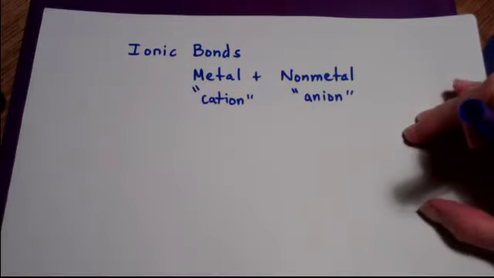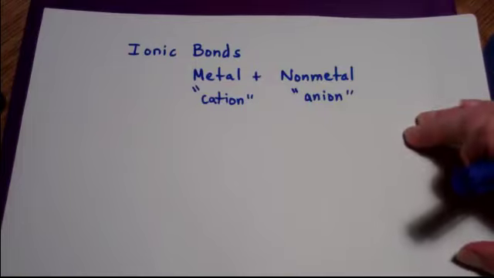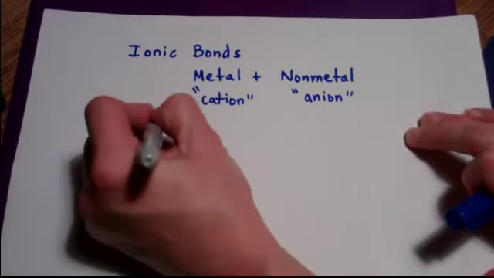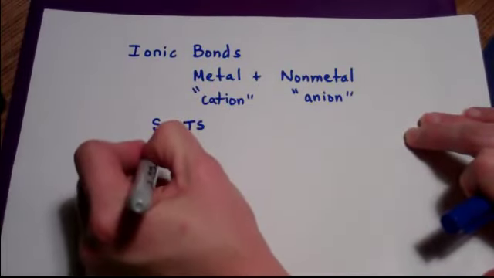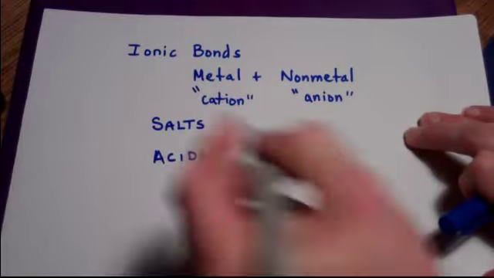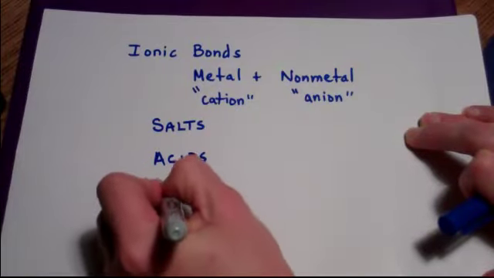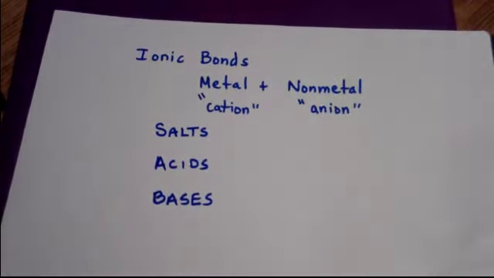And we can see that we are going to have typically 3 different types of substances that are going to come out of the ionic bonds. We're going to have salts, we're going to have acids, and we're going to have bases. So these are our 3 major things that are going to come out from our bonding.